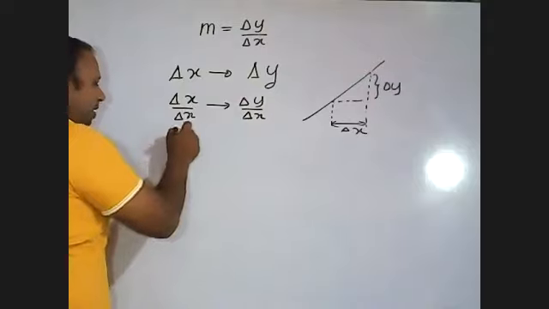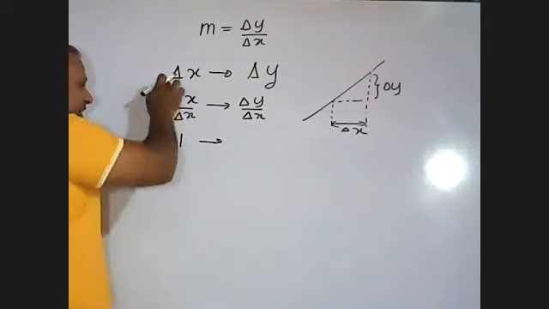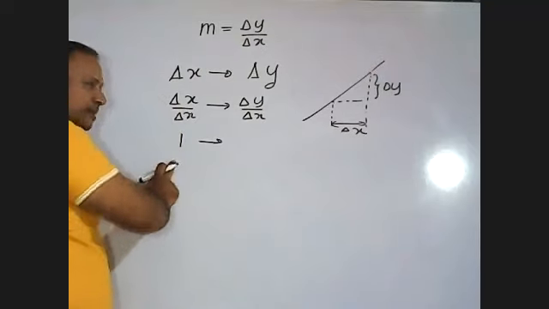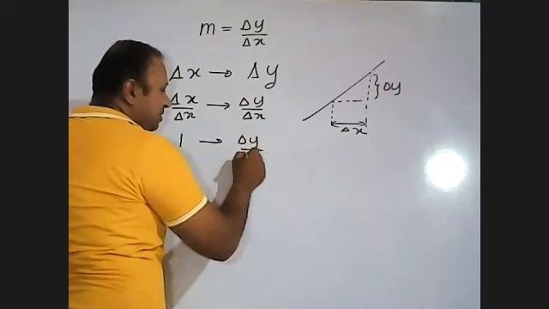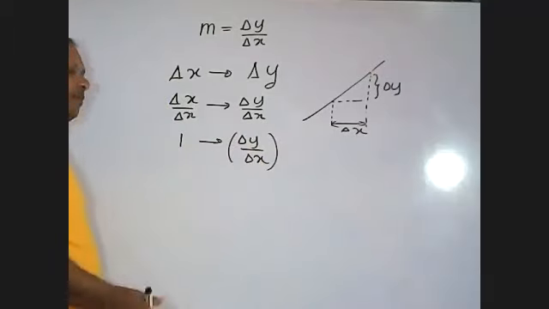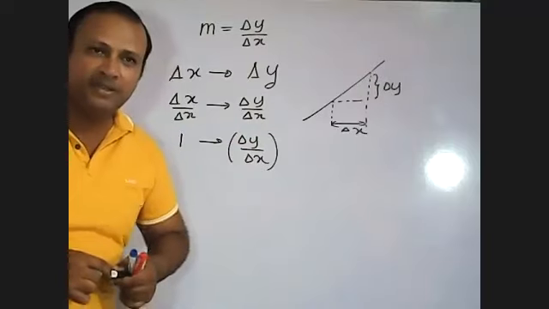Then you will have 1 here. So if the change in x is equal to 1, then the change in y is equal to delta y over delta x. Did you get my point?